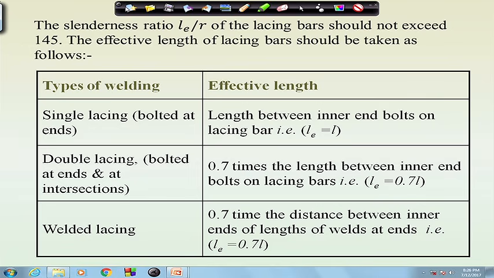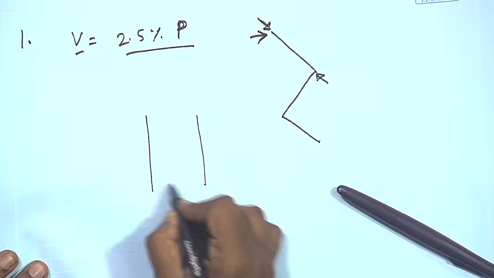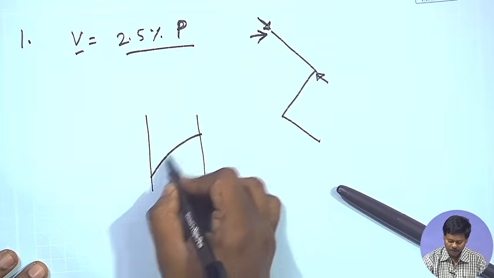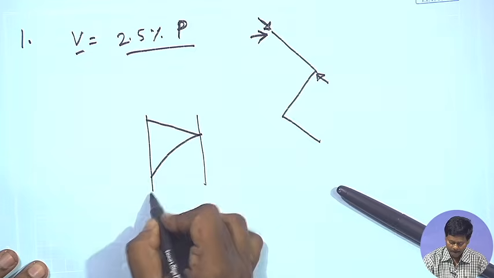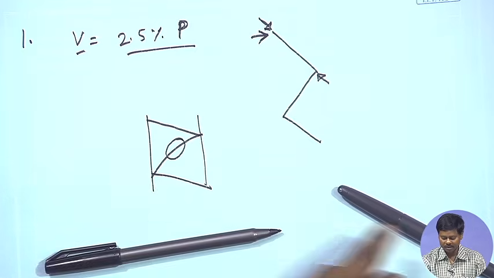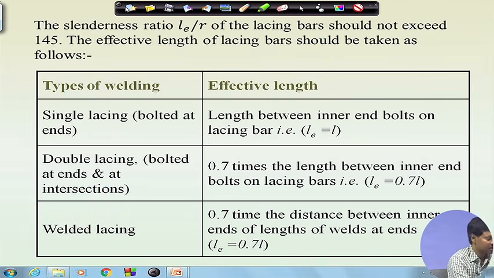Now, as I told, the lacing member may buckle locally, right. So, the code has provided certain restrictions, given in tabular form here, on the effective length and the slenderness ratio.